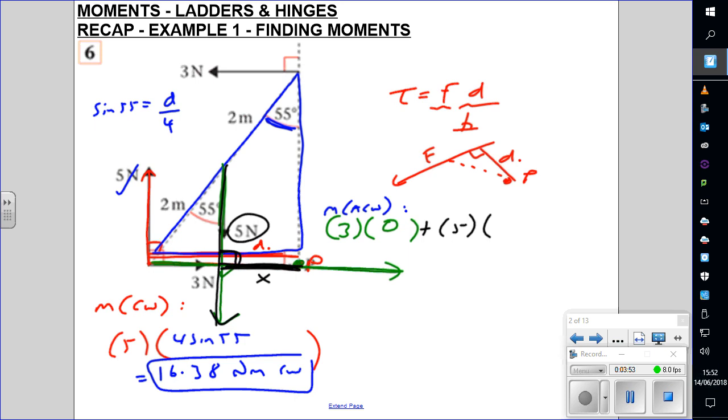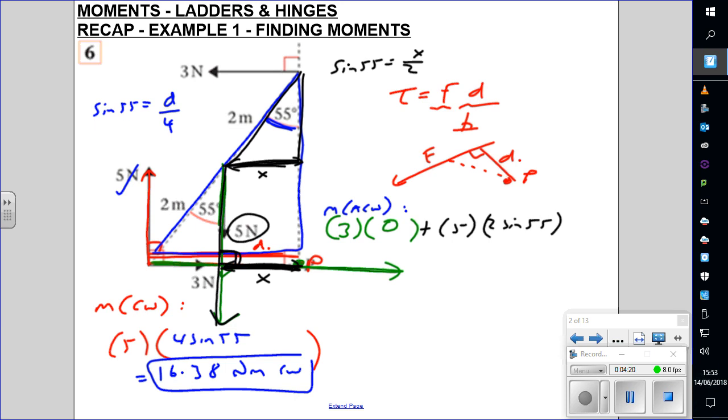Bit tricky at first to look at, but that distance and that distance are actually the same, so I can use this little triangle to tell me that. And again, it's sine, isn't it? Because it's opposite the 55. So sine 55 is the distance I'm looking for over 2 meters. So this is 2 sine 55.